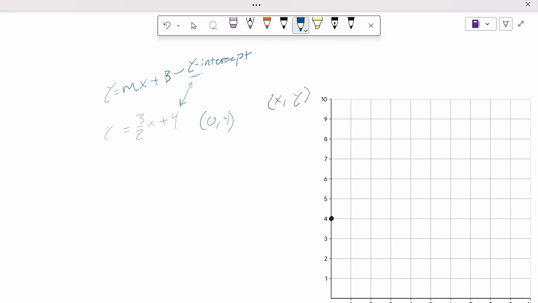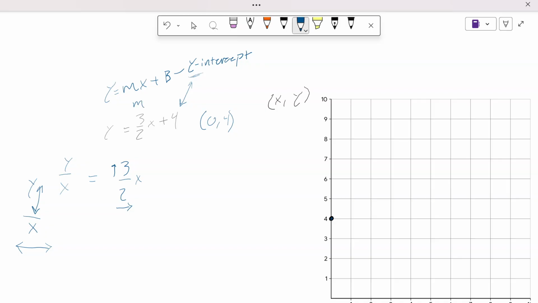Now we have 3/2 x. If we look at 3/2 x, what this is saying is that it is equal to y over x. And from what we know of y over x, x only ever goes left and right, and y only ever goes up and down. So if we follow that principle, we know that we're going to be going up 3 and over 2 for our slope, which is m.